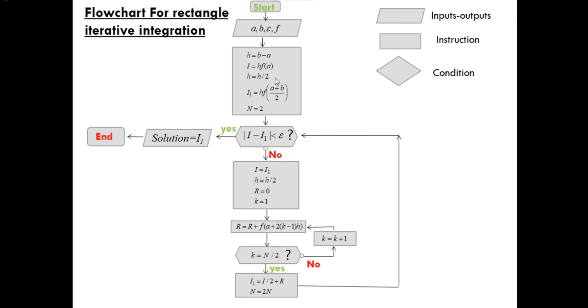Then h is equal to h over 2. Okay, and I1 is equal to h f of a plus b over 2. This is the second step. Okay.